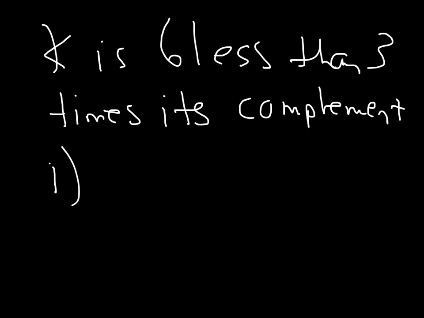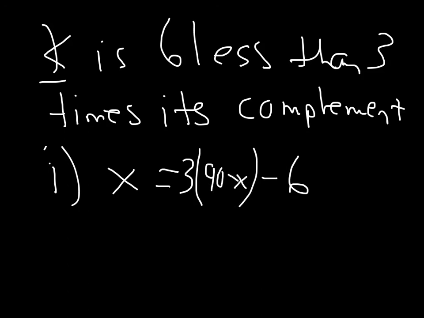Well, we use x as the angle. Is in math means equals. 6 less means you subtract 6, and 3 times the complement. Well, the complement is 90 minus x. So it's 3 with parentheses 90 minus x. So this equation says the angle is 6 less than 3 times the complement.